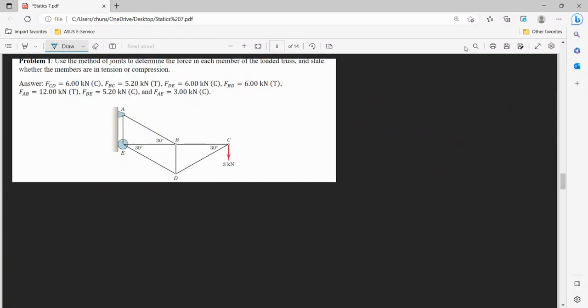Okay, and now let's use pin B. We're going to find this unknown here, because we know this other unknown, and we solved BD as well.